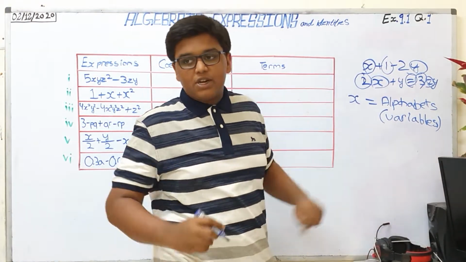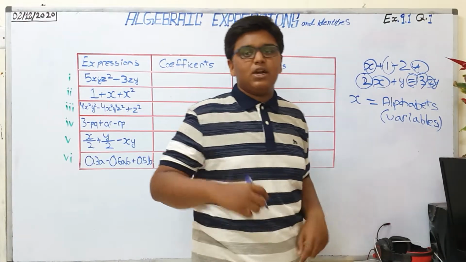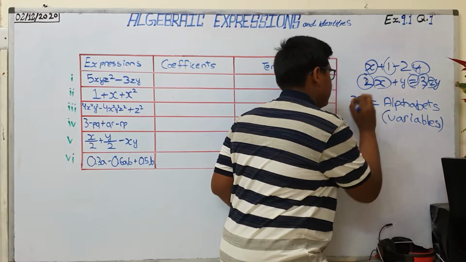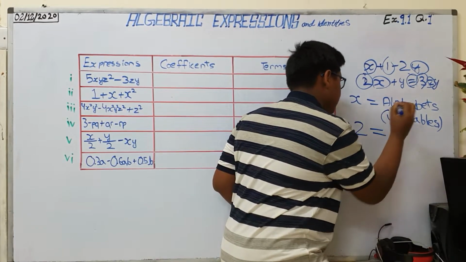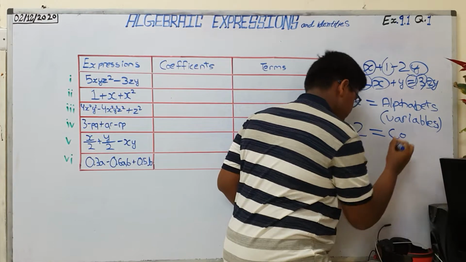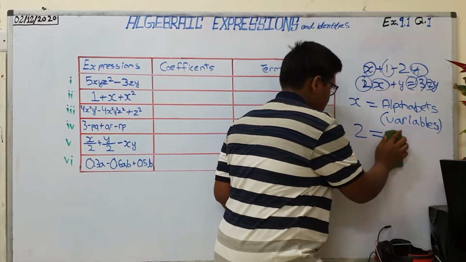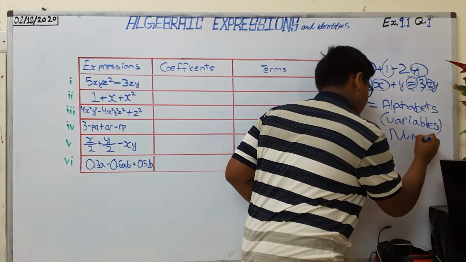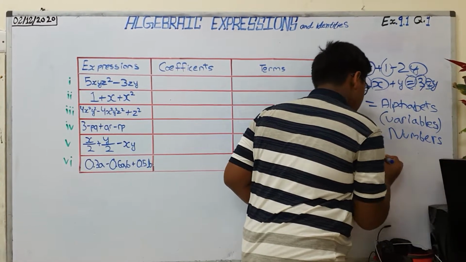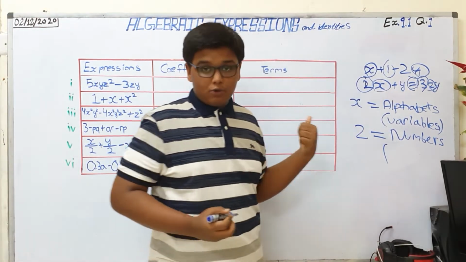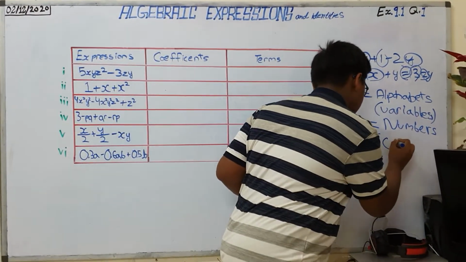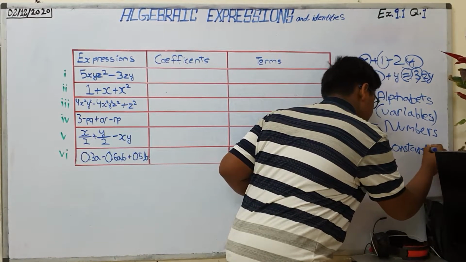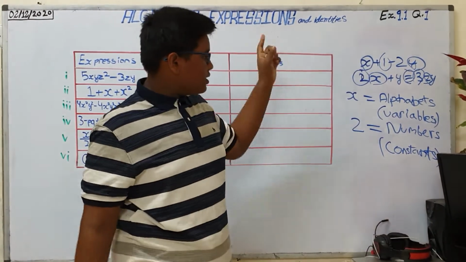And what are constants? The numbers which appear in equations and expressions are called constants. For example, 2 is a constant, so I'm writing constants in brackets.